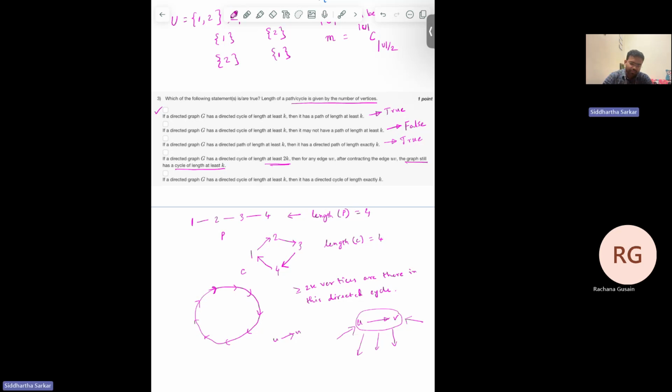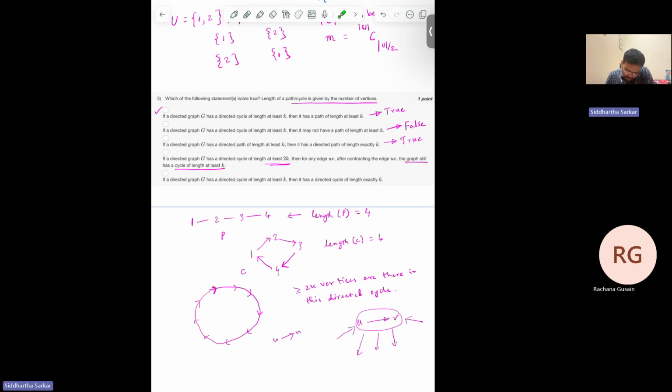So it is clear that if u and v are both outside the cycle, that means they do not take part in the cycle, then its contraction does not have an effect on the length of this cycle. So we will still have a cycle of length at least 2k. But if one of u or v is in the cycle, then we may have to do certain things.